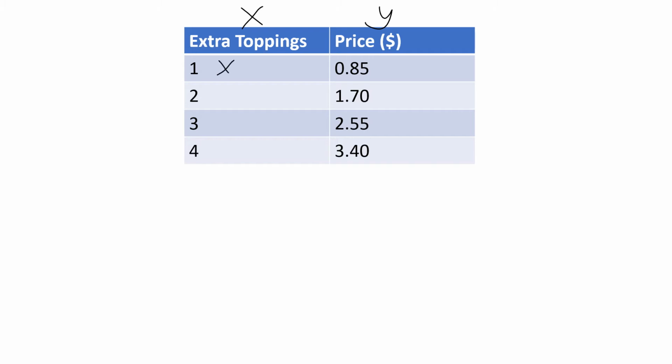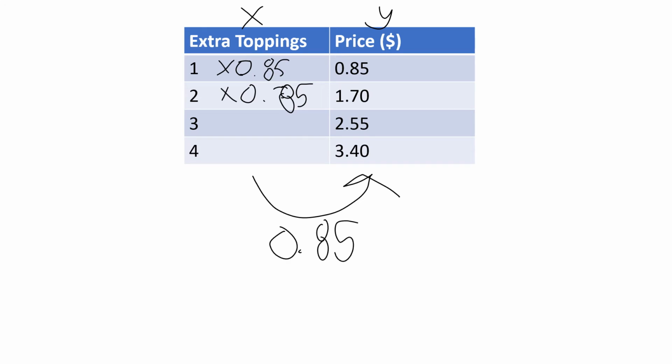So 1 times 0.85 is that 85 cents. 2 times 0.85 is $1.70. And that pattern continues. So the constant multiple that represents x and y is 0.85. That's our constant of proportionality.